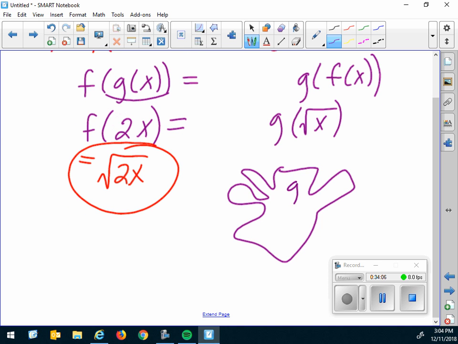So this is function g, and that's 2x. Look what's going in. Square root of x is going in. It's 2 times the square root of x. Great. I'm going to replace whatever sits right here. It's going to be replaced by that.